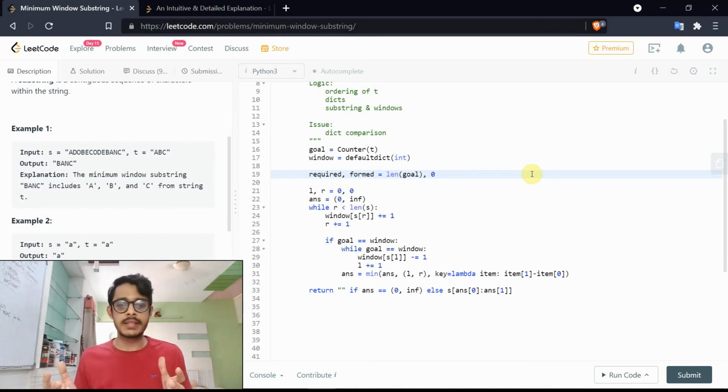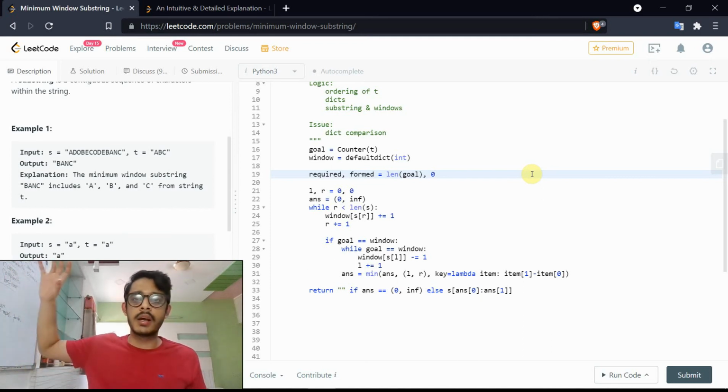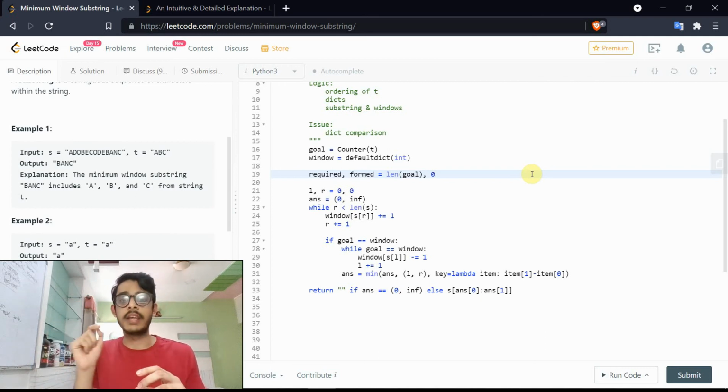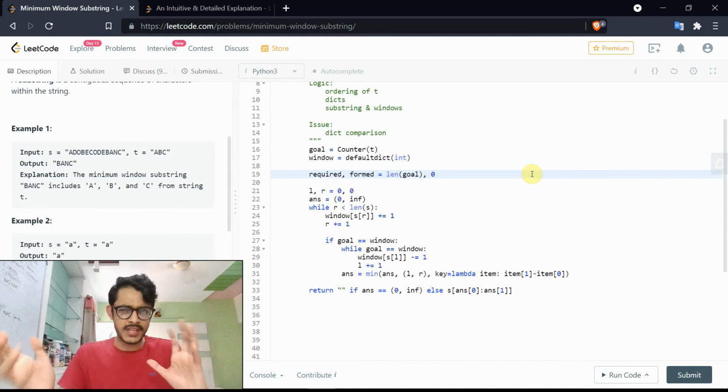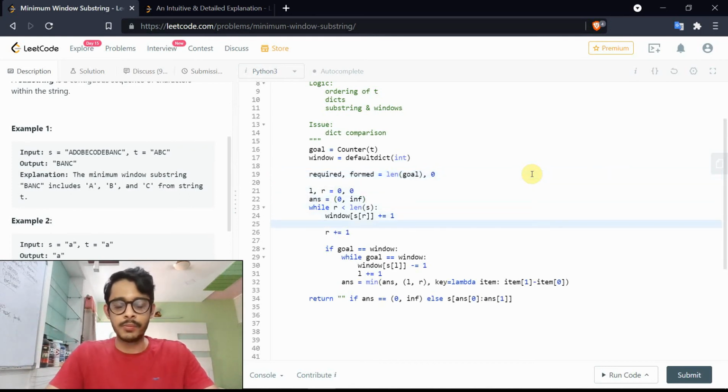Basically, formed says inside of goal we have a certain amount of characters, and for each of those characters we're going to increase the count by 1 in the value formed if we have it in the window. If that sounds a bit complicated, let me just write it simply here and it'll make a lot of sense. What do we want here? We want, is this current value, s of r, inside of goal?